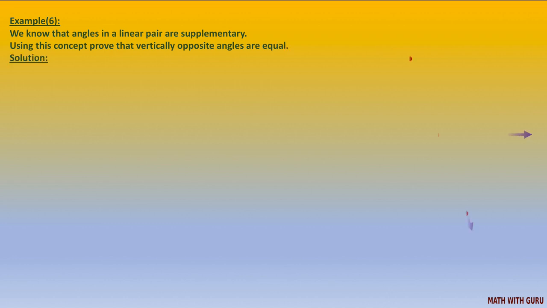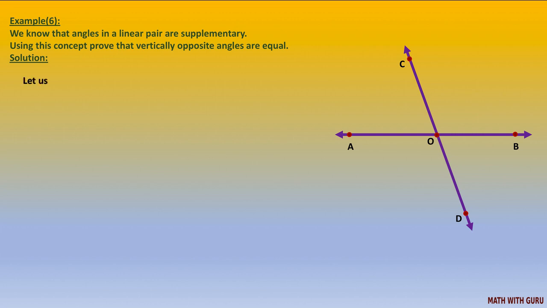Let us get a figure first. Here, straight lines CD and AB intersect at O. We need to prove that angle COB or angle BOC is equal to angle DOA. Angle AOC is equal to angle BOD. How to prove that? Let us see.